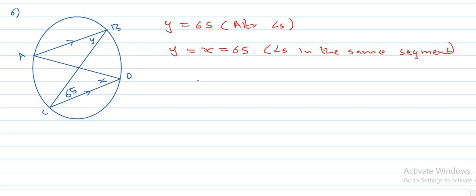We know that angles in the same segment, you look for a bow tie. These are angles in the same segment. So that's how to find the value of x and y. Let's look at question number 7.